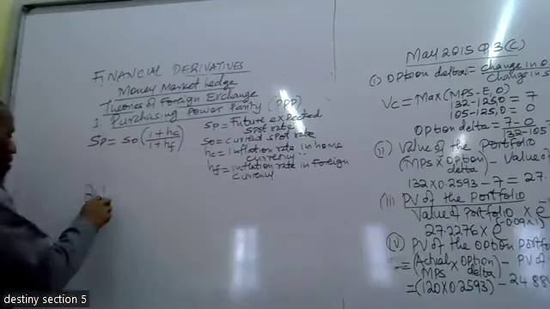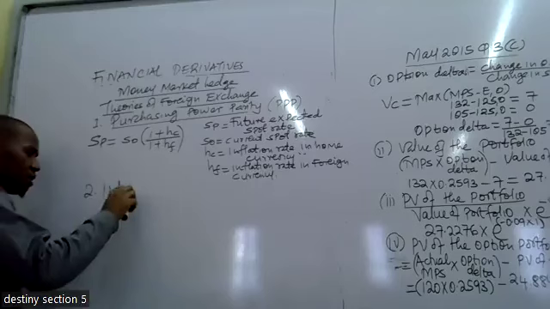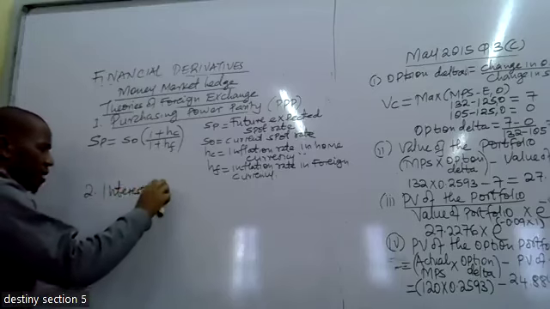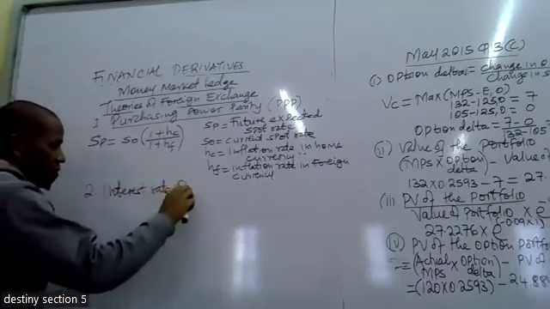Number 2 is what we call interest rate parity.